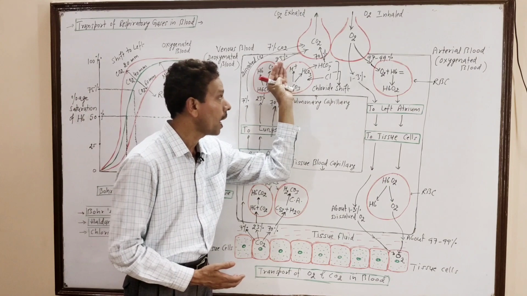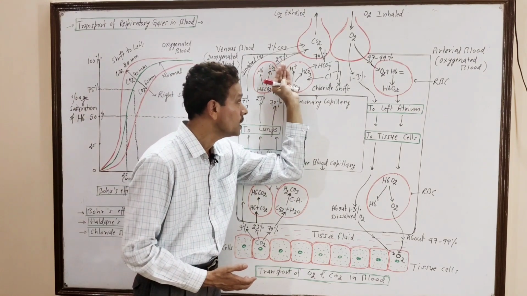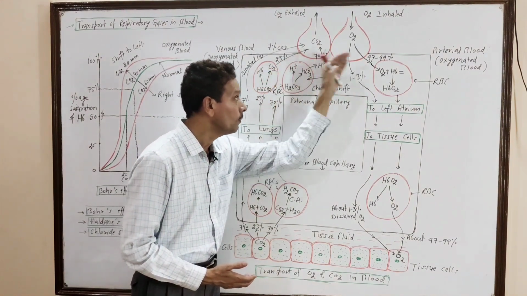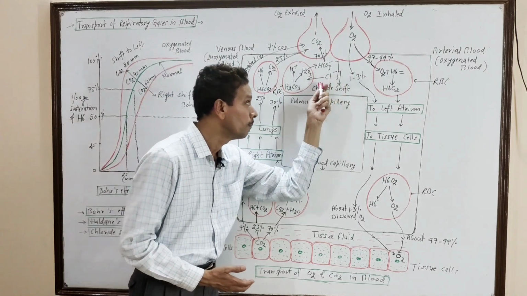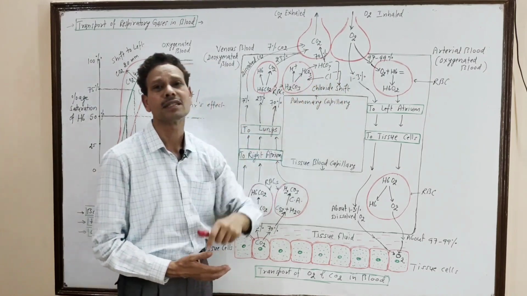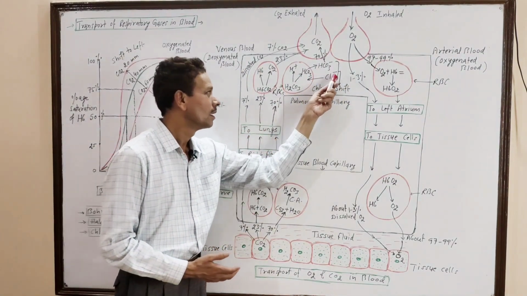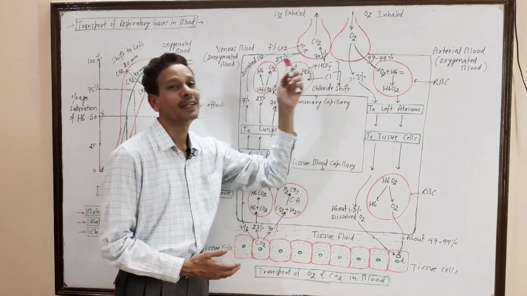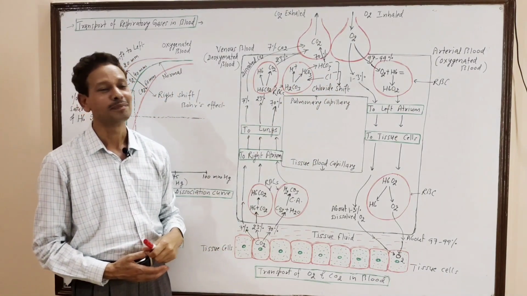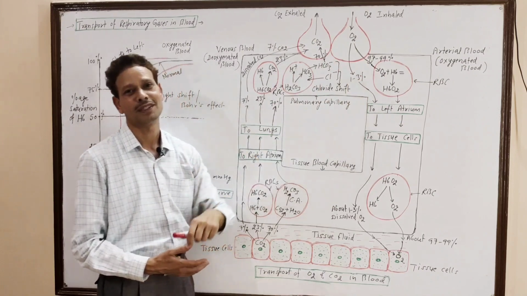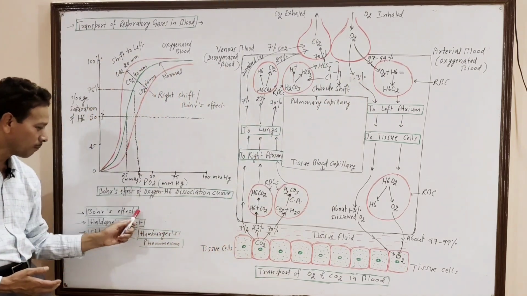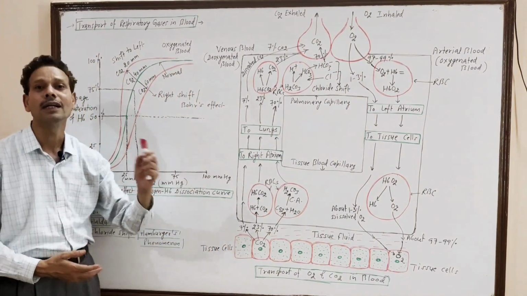These bicarbonate ions diffuse out from the erythrocytes into blood plasma, and chloride ions from blood plasma enter the RBCs. This is chloride shift. This is a very important phenomenon. It is Hamburger's phenomenon.